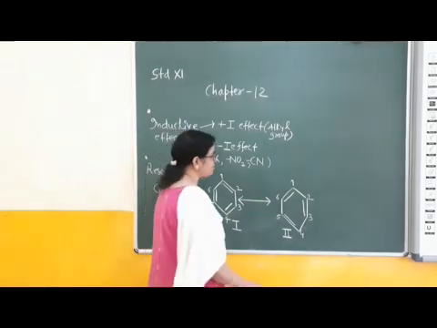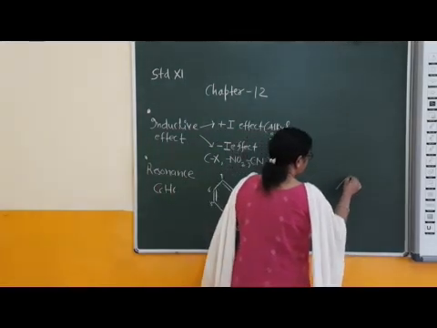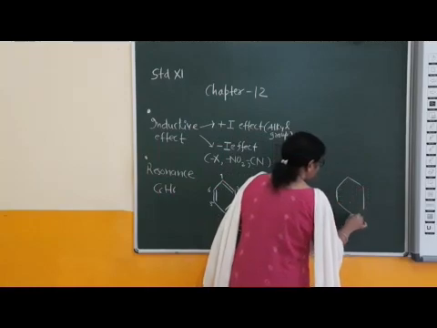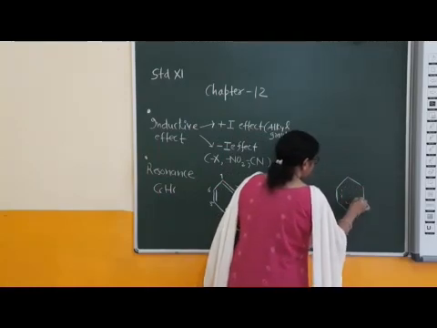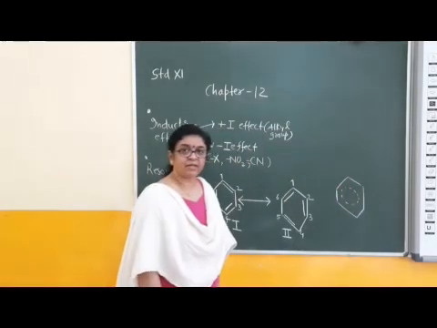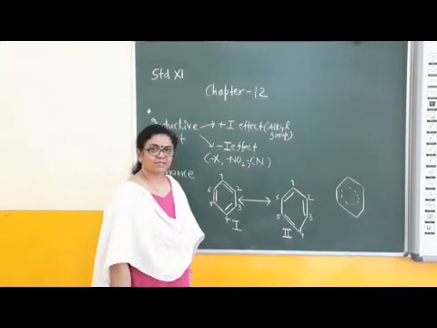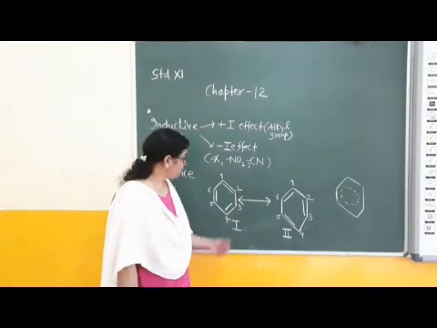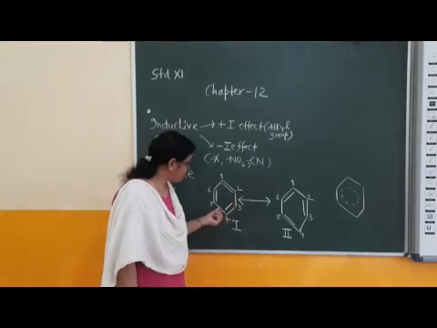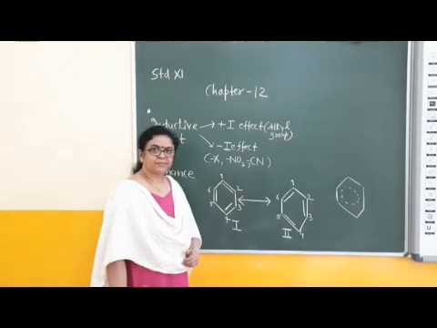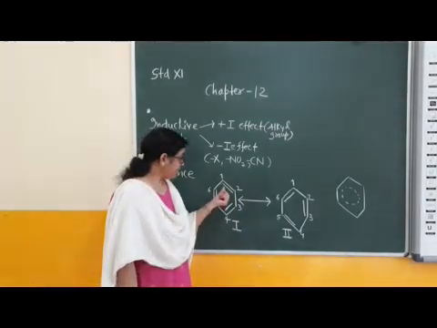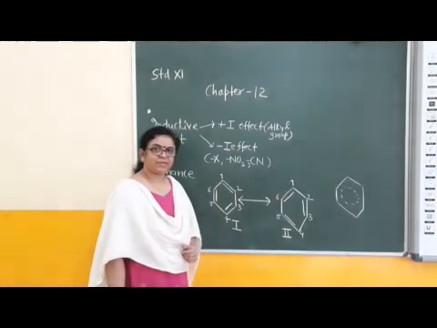The true structure of benzene is shown by a loop of electrons, the true, actual structure, like this, because pi electrons are delocalized electrons. A pi bond is weaker than a sigma bond. Here both double bond and single bond character is present.